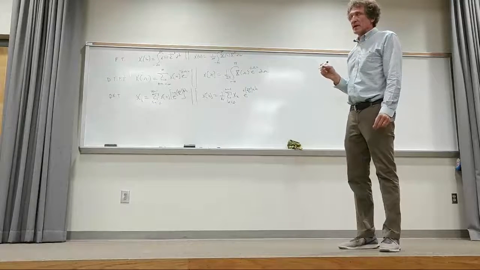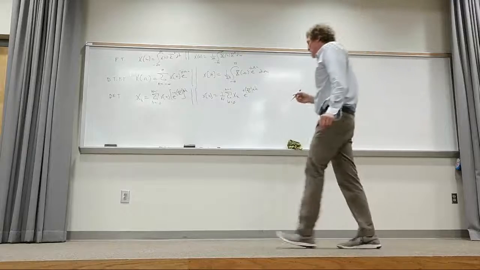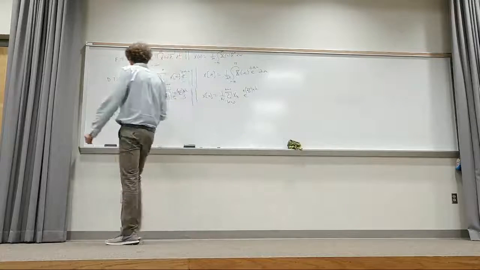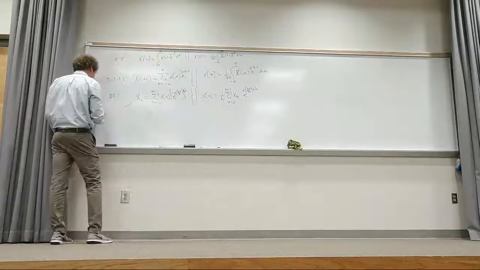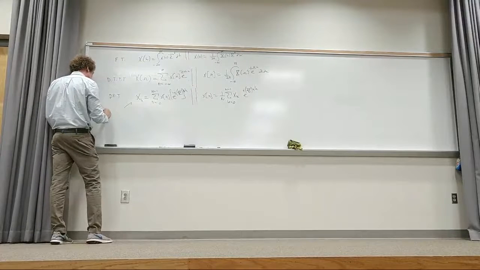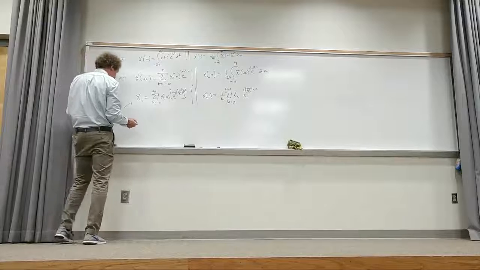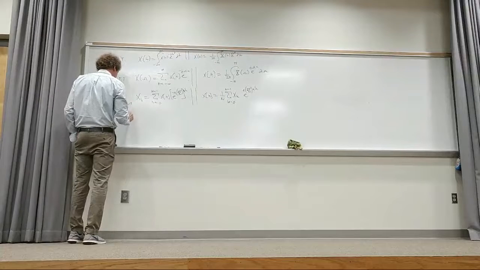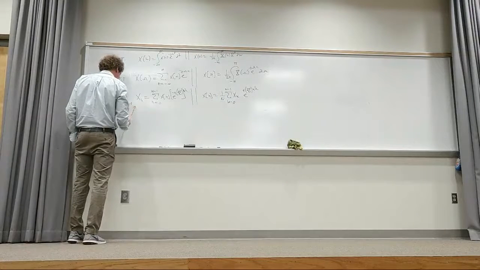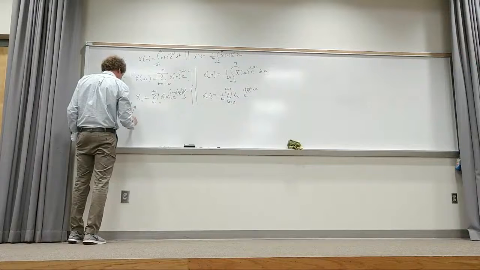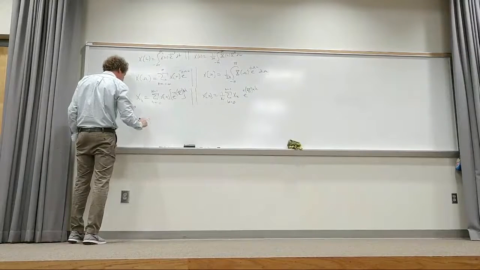All right? And if you want to know in MATLAB, you can do this one. You need 2 to the n samples to do it exact. And there, for MATLAB, the command to get that would be X of k is simply equal to fft of whatever your x is.